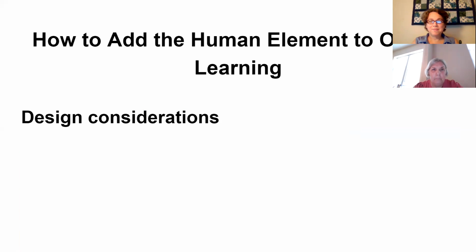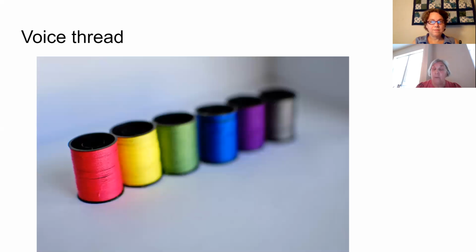The first article had some interesting points about how to design an online course. And there were some good recommendations about what to consider when we design an online course. For example, I like the recommendation for using VoiceThread, something that I had never heard of before.